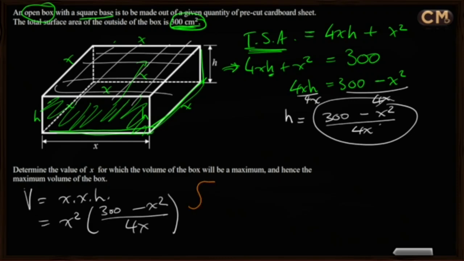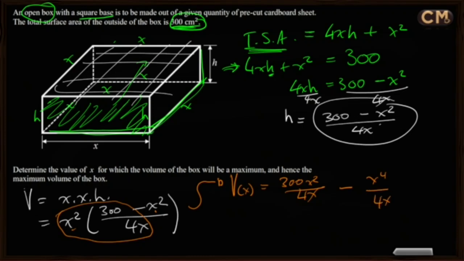From that, we shall have that the volume with respect to x is equal to 300 x squared over 4x. That's if we multiply over there, and then we subtract x squared times x squared, which gives us x to the power 4 over 4x, and the whole thing is negative.